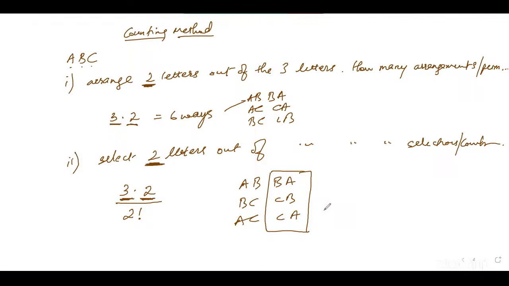So to get rid of that doubling that is taking place, we divide it by 2 factorial. So we must not say dividing by 2. We must say dividing by 2 factorial. Let me explain the reason behind that.